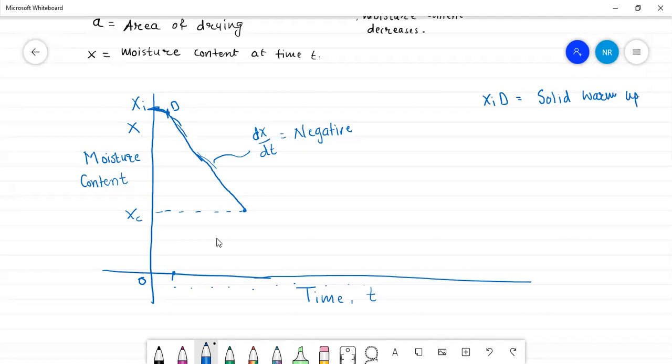And it represents the heating of the solid, accompanied by release of moisture. Okay?